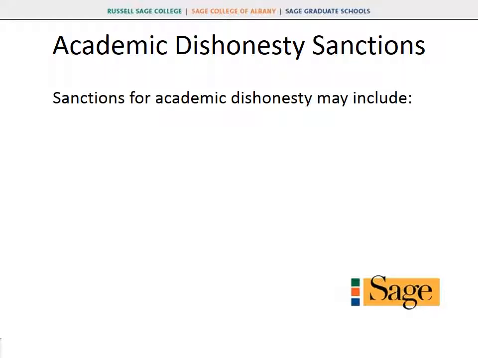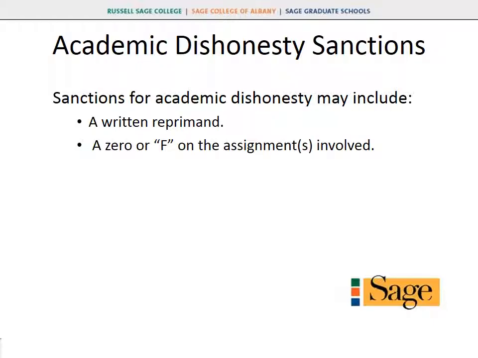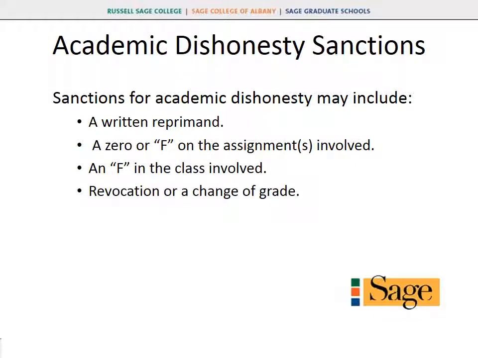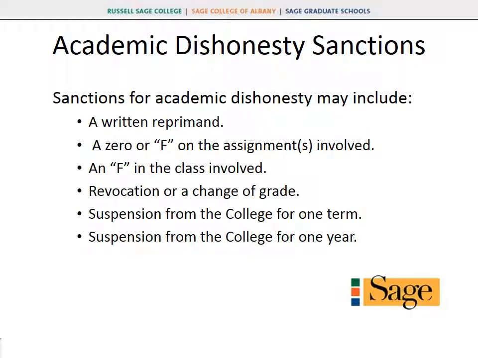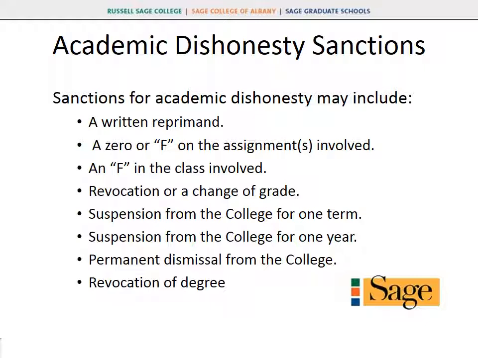Sanctions for academic dishonesty may include a written reprimand, a 0 or F on the assignments involved, an F in the class involved, revocation or change of grade, suspension from the college for 1 term, suspension from the college for 1 year, permanent dismissal from the college, revocation of degree. For more information on sanctions, please see Section 5B of the Student Code of Conduct.